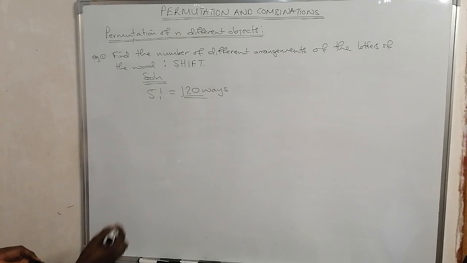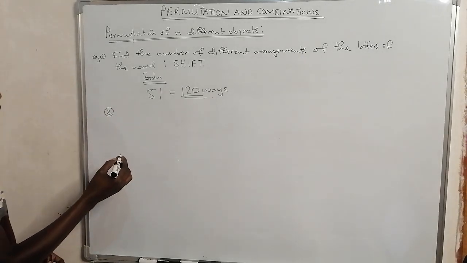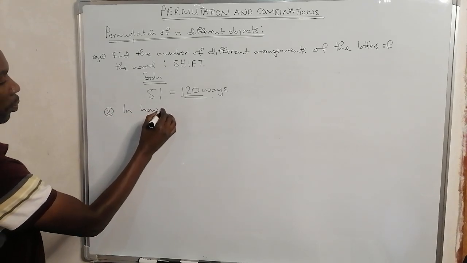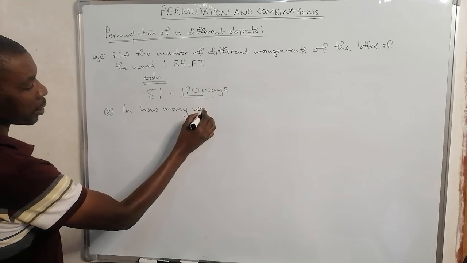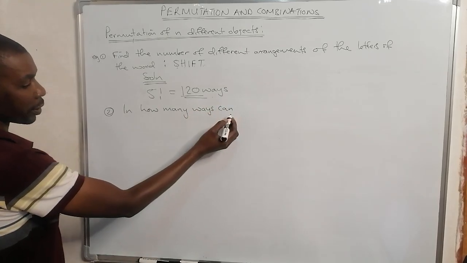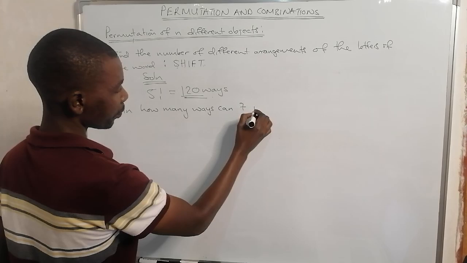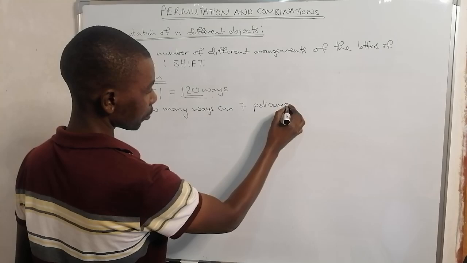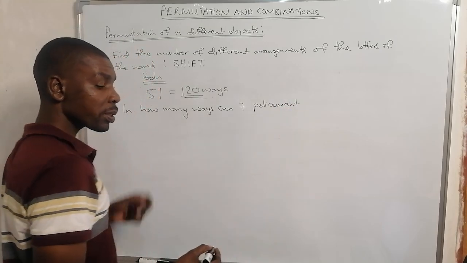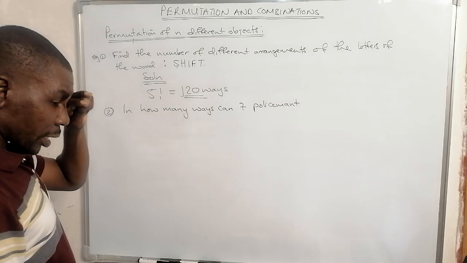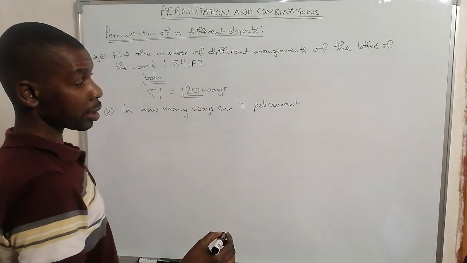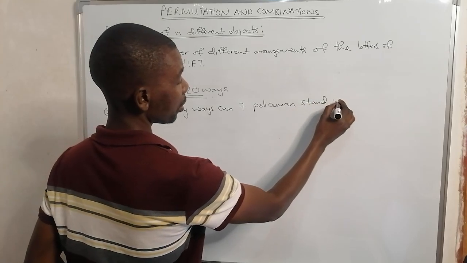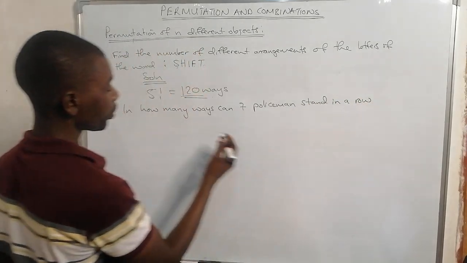Another example. This was a Cambridge question. In how many ways can 7 policemen stand in a row during parade?